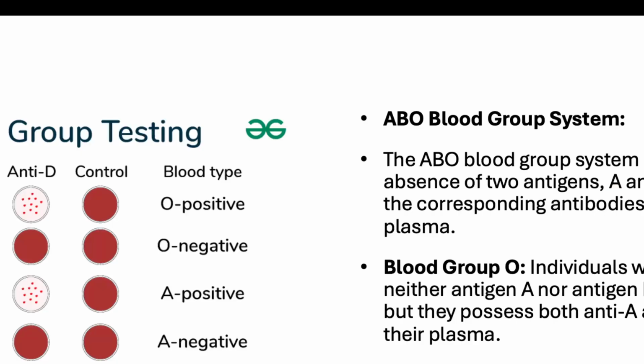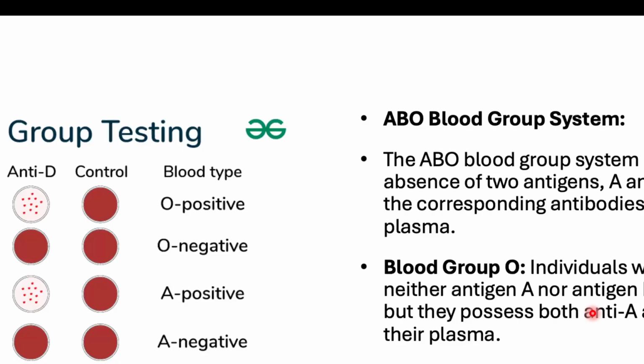So whenever there is a prefix anti, it means the antibody, not the antigen, right? In the plasma. And if you look closely, individuals with blood group O have neither antigen A nor antigen B on their RBCs, but they possess both anti-A and anti-B antibodies in their plasma. So this statement can be confusing for you guys.